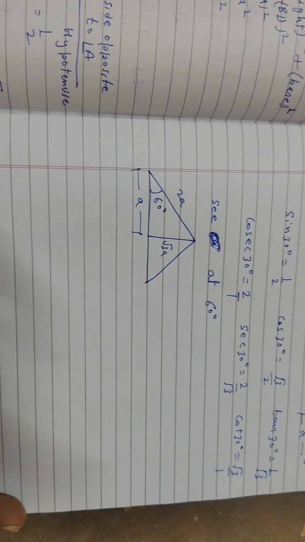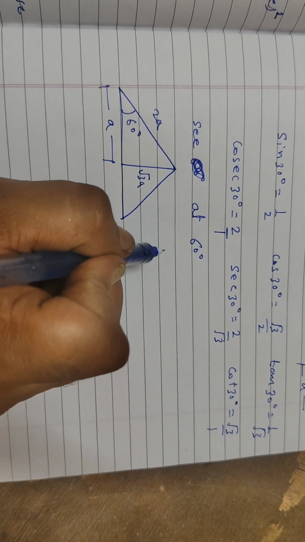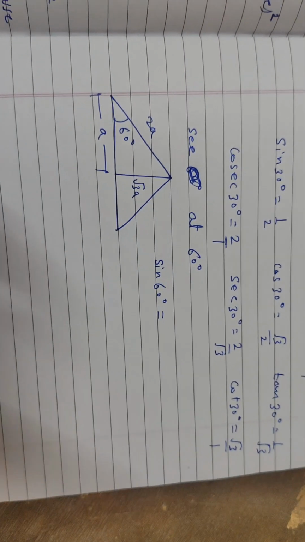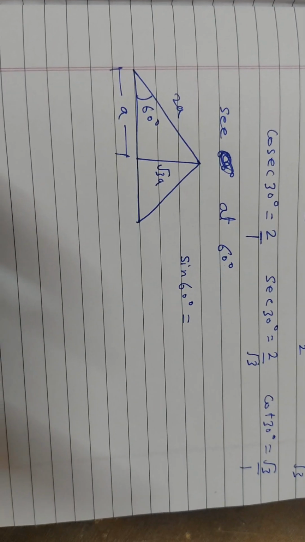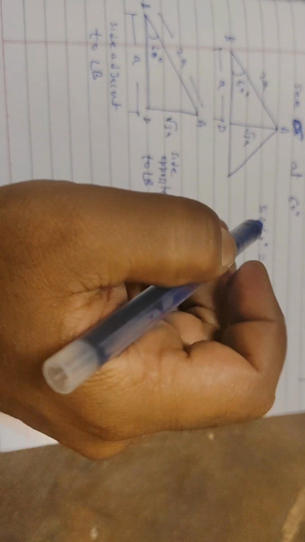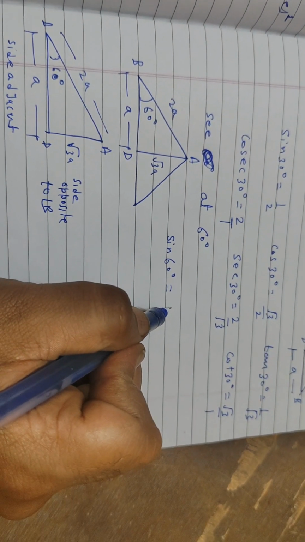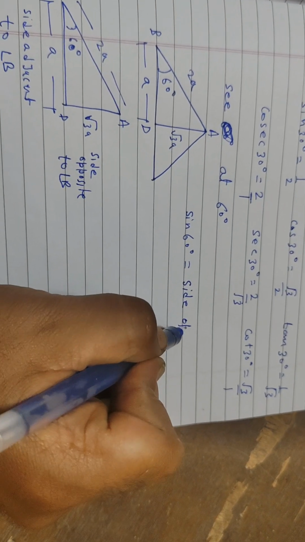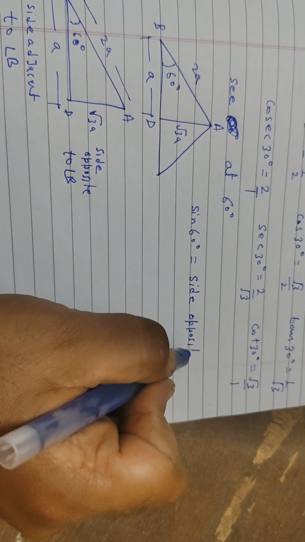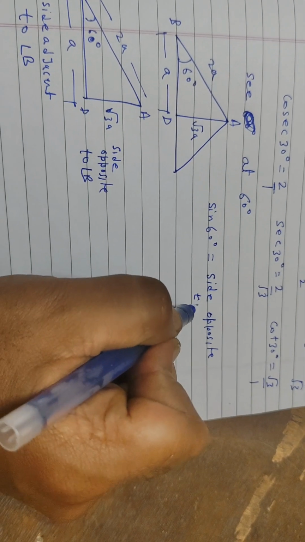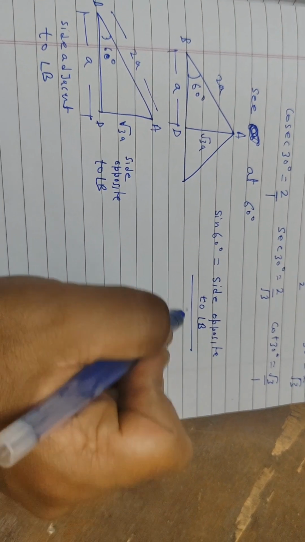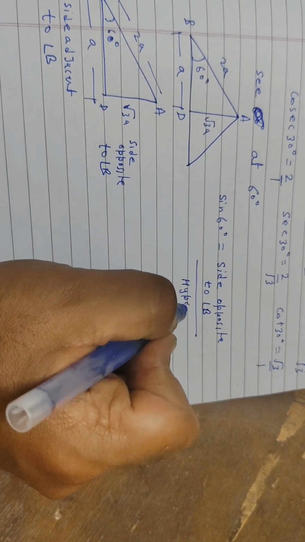So sin 60 is side opposite to angle B over hypotenuse.